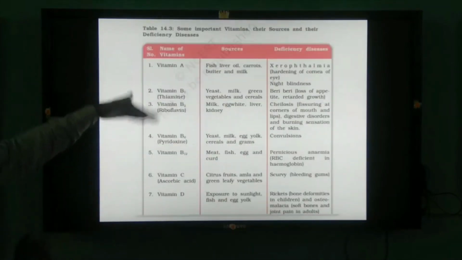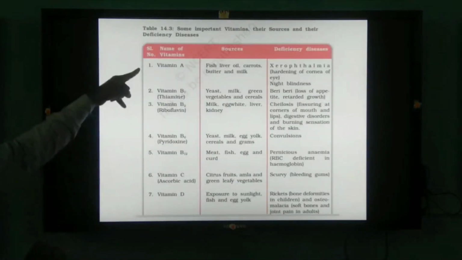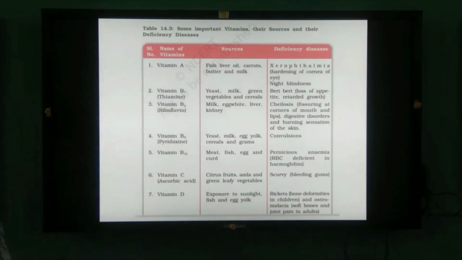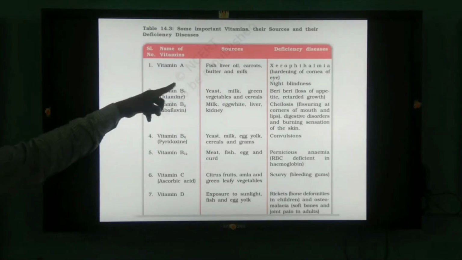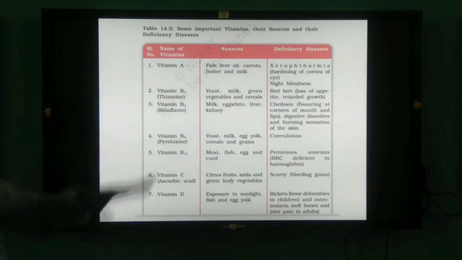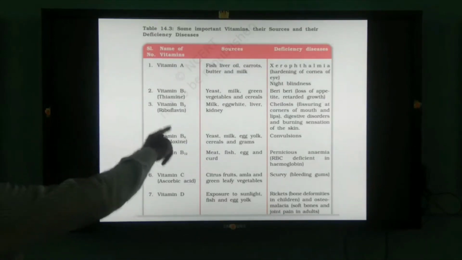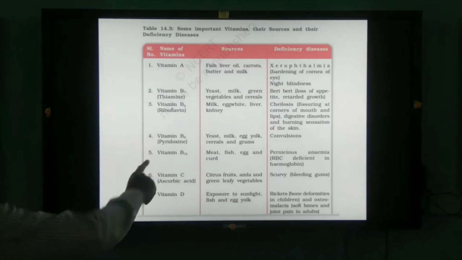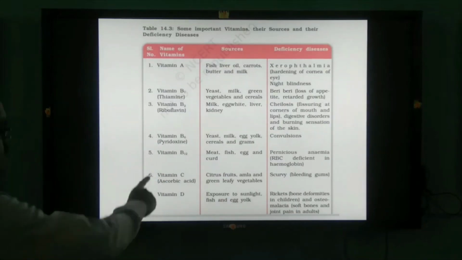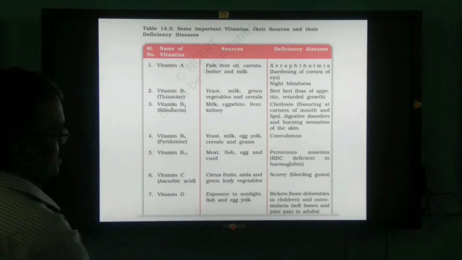What is the name of the vitamin, the source, and the deficiency disease? Vitamin A is readily available in fish liver oil, carrots, butter and milk. Vitamin B1 is thiamine, vitamin B2 riboflavin, vitamin B6 pyridoxine, and vitamin B12 from meat, fish, egg and curd. Pernicious anemia occurs if it is deficient.